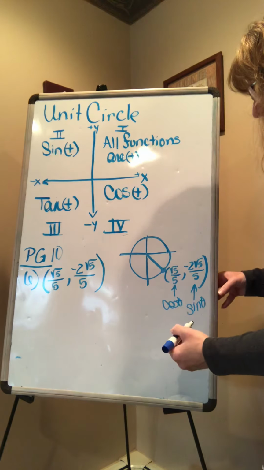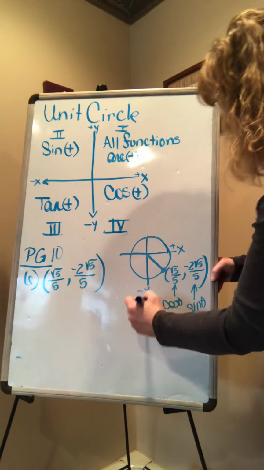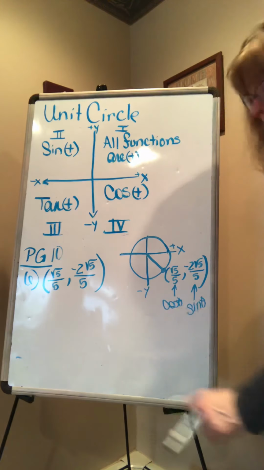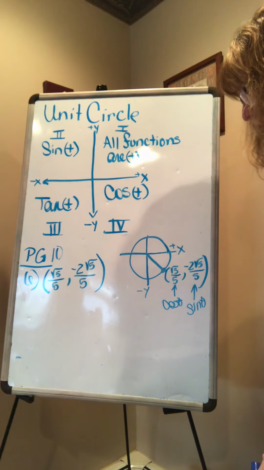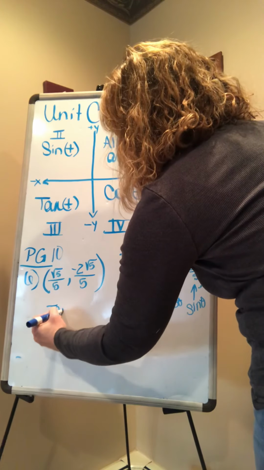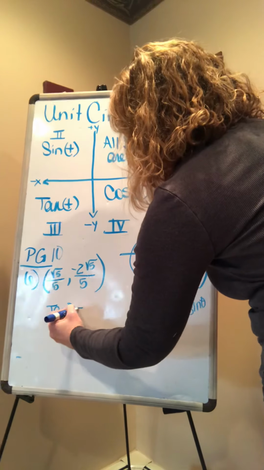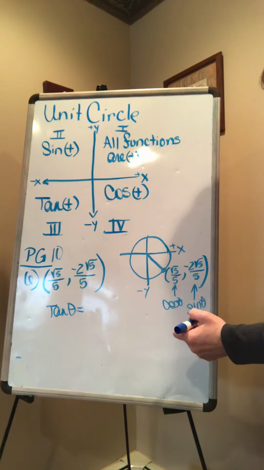And I know I'm in quadrant 4 because x is positive and y is negative. So there's my sine, there's my cosine. Those parts are done. And so therefore then, the tangent would be sine divided by cosine.